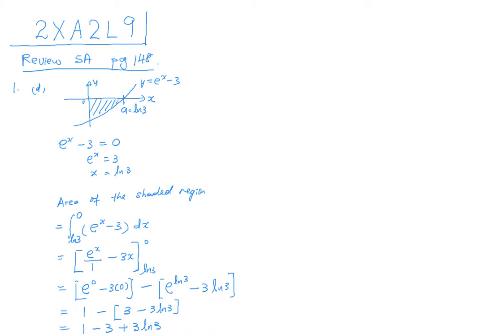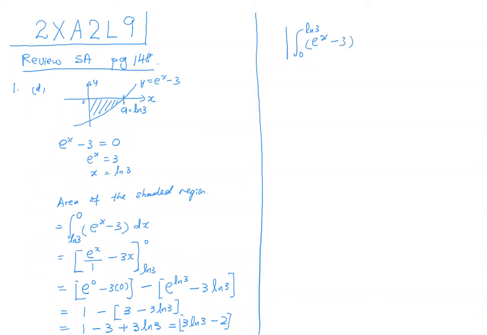So this one will be 3 ln 3 minus 2. If in this question you had used the modulus just now, integrating 0 to ln 3 of e^x minus 3, you will face some difficulty.